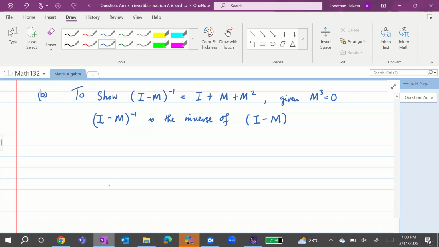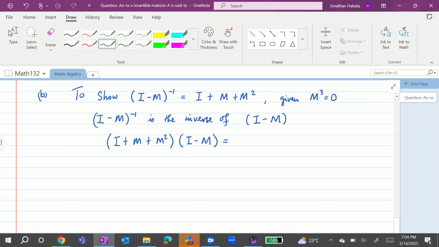So let's see. We want to check I plus M squared. If we multiply this by I minus M, and we get I as the overall answer, then we can say indeed this I plus M squared is the inverse of this guy, because we already know that its inverse is this guy. All right, so let's do the multiplication.